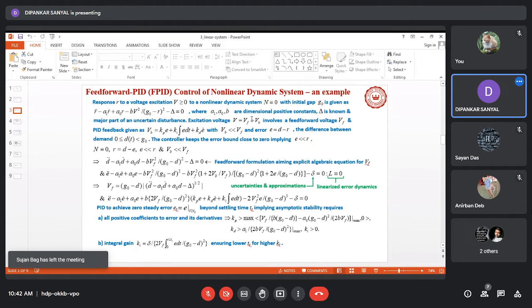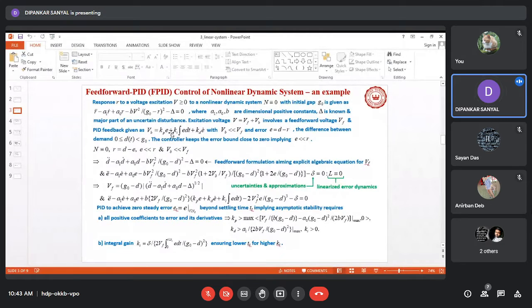One is the feed-forward part, which dominates over this feedback part. And a PID feedback controller is formulated in this form, where a part of this feedback voltage is proportional to the error. Error is the gap between the demand and the response.